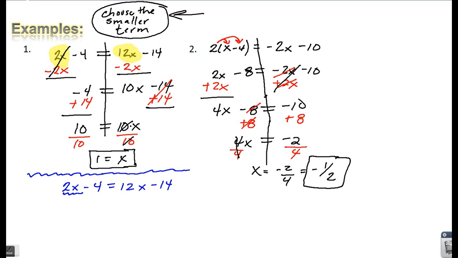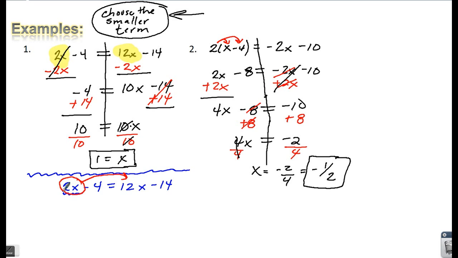And what I'm going to do is take this 2x and jump it over the equal sign. Okay, so I'm going to take my 2x and move it over to the other side. When I move this positive 2x over the equal sign, it'll change signs.